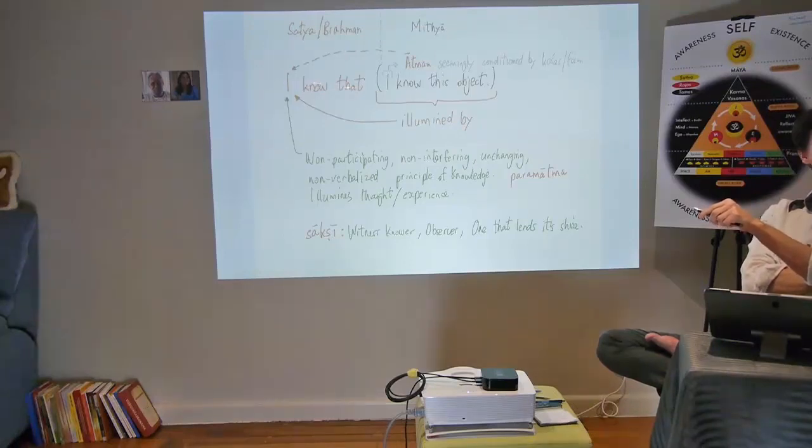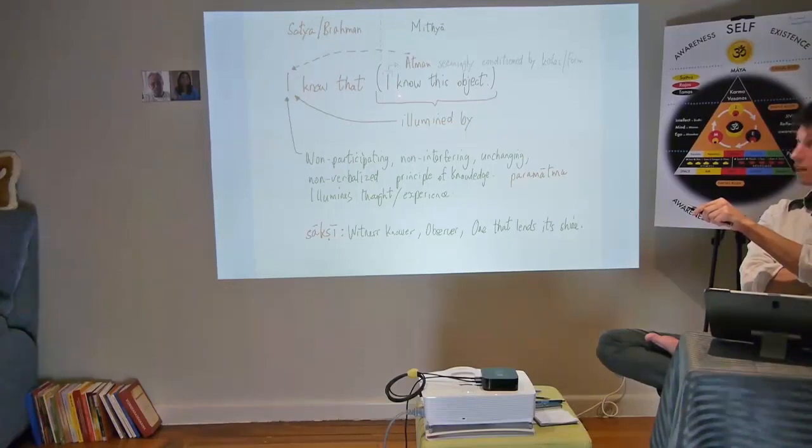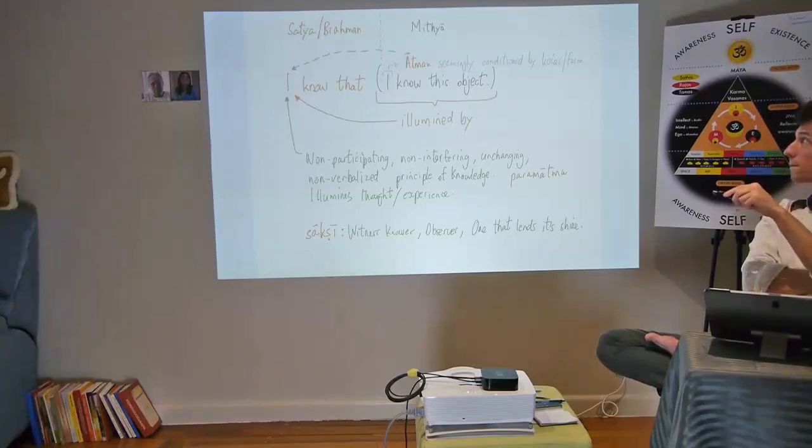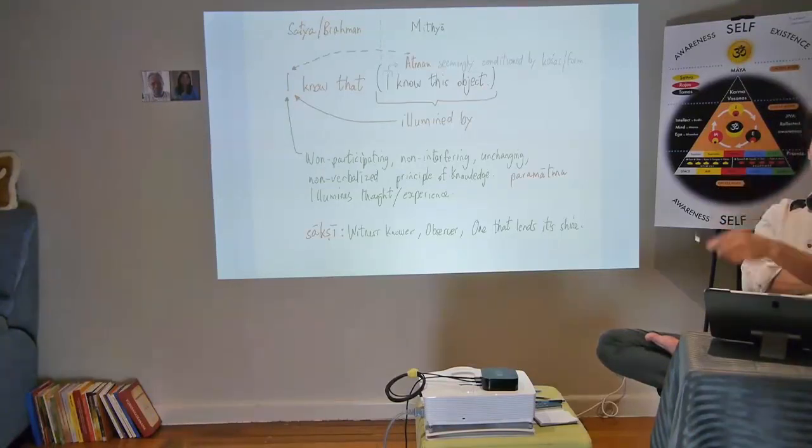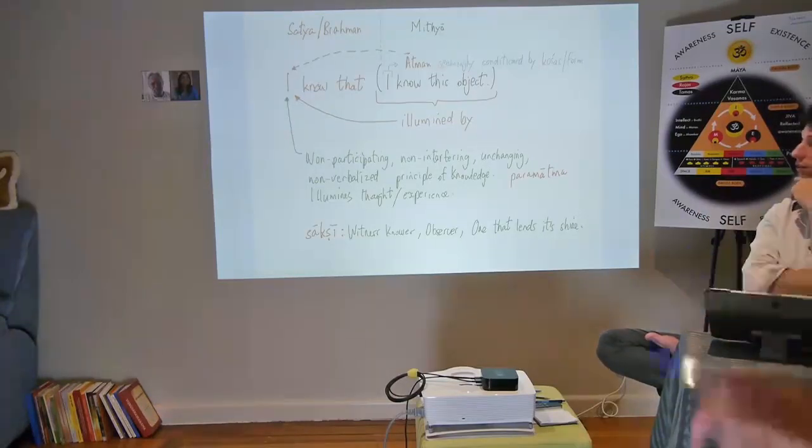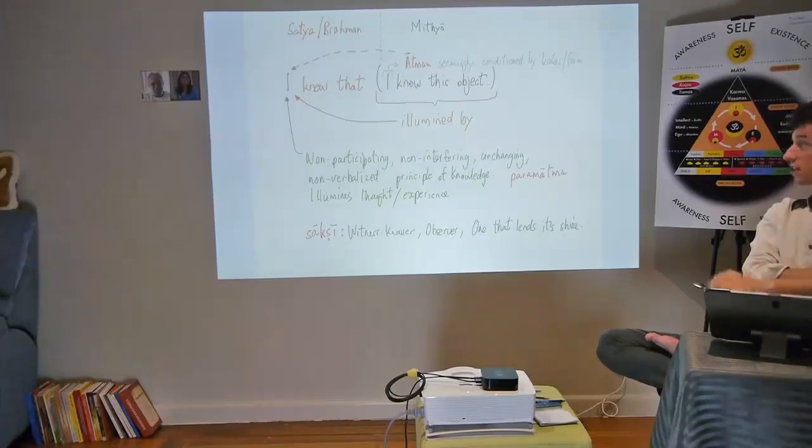This cannot be grasped. If I try to grasp this, then who's trying to grasp it? The ahamkara tries to grasp this, but this is always prior to the ahamkara. So I know this object, that's the ahamkara speaking, but there is that ungraspable, untouchable witness. That's the sakshi, the witness knowing. Why is it not interfering?